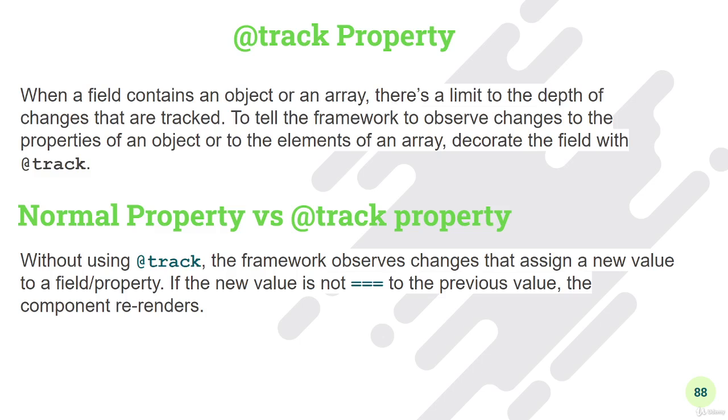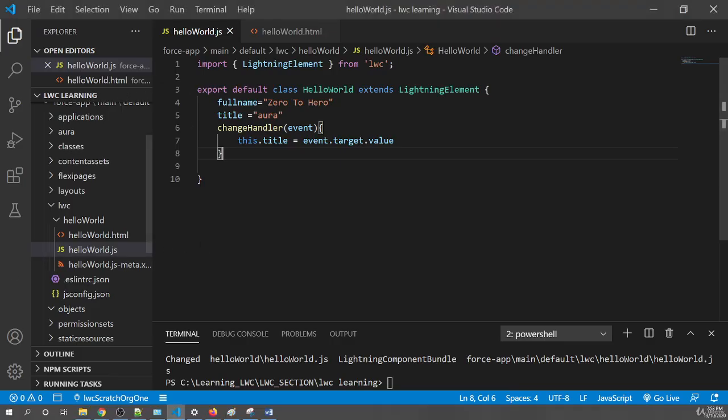So let's go to VS Code and try to decode this statement. Till now, we have learned only two-way data binding with a string, right? So our property is a normal property. We initialize it with the string 0 to hero, and here also the title was aura, and that too was a string.